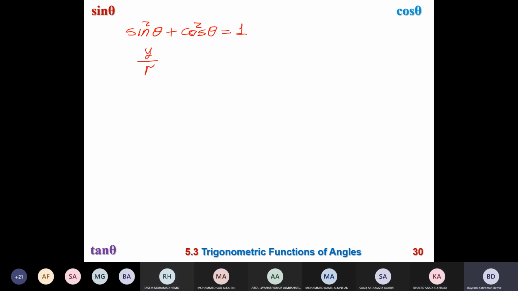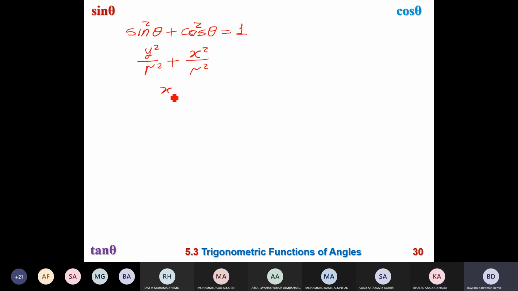Very simple, right? So the square will be y square over r squared. How about cosine square? x squared over r squared. Okay, can I add them?